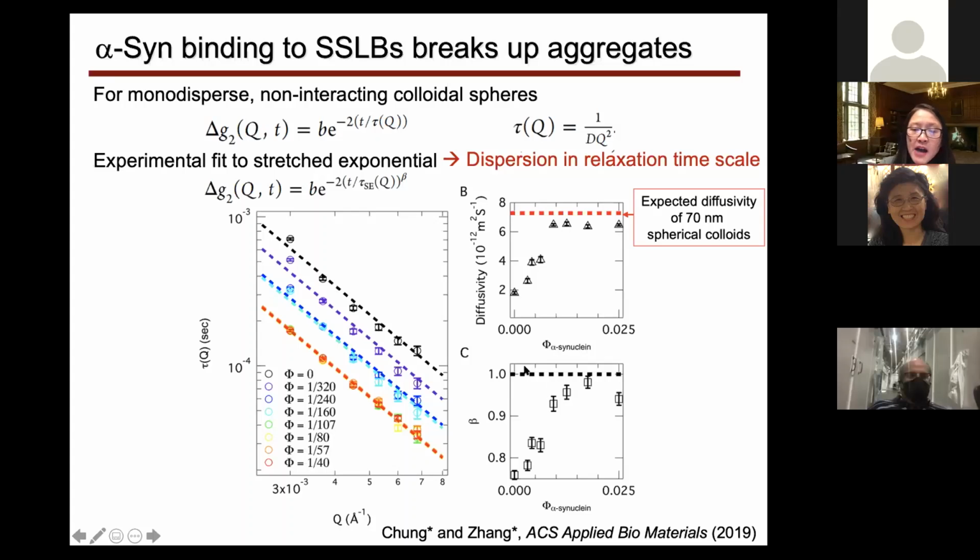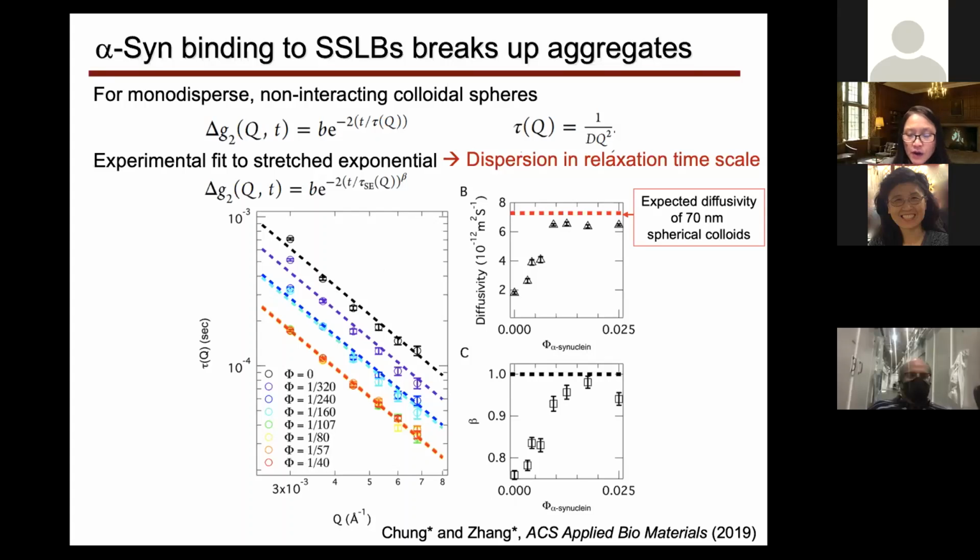This corresponds to, when you back out the beta, which is the exponent for this stretch exponential, what you see is that this beta also approaches the value of 1, which means that as you increase the alpha-synuclein in the system, you eventually approach the free diffusion of the 70 nanometer colloidal spheres in this system.